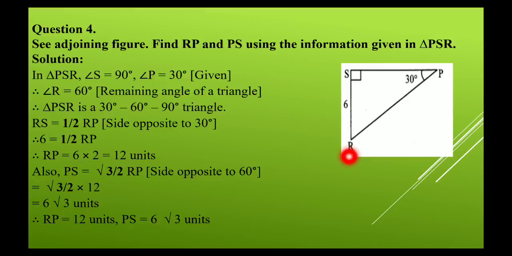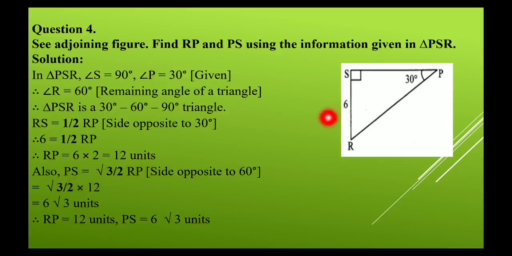The side opposite to 30 degrees is SR. So RS is equal to half of the hypotenuse, which is RP. That's why it is written as RS is equal to half RP. So RS value is 6, equal to half multiply RP. Therefore, RP is equal to 6 multiply 2, that is 12 units.